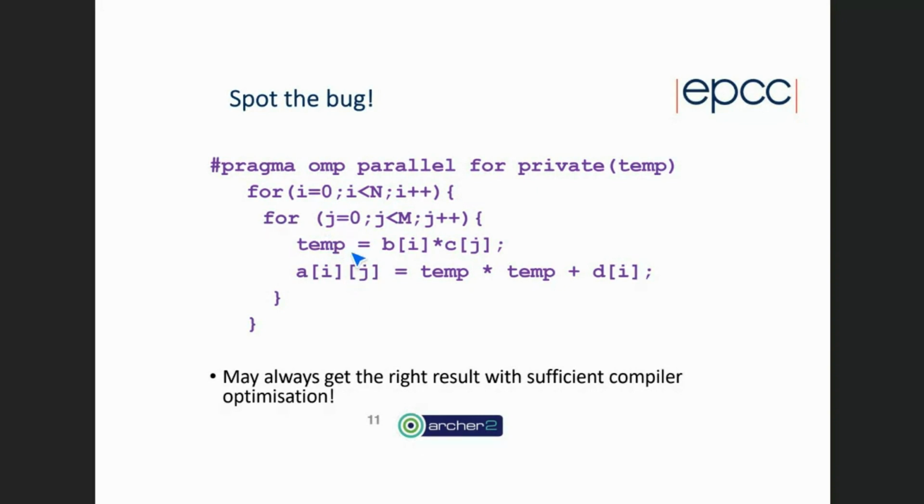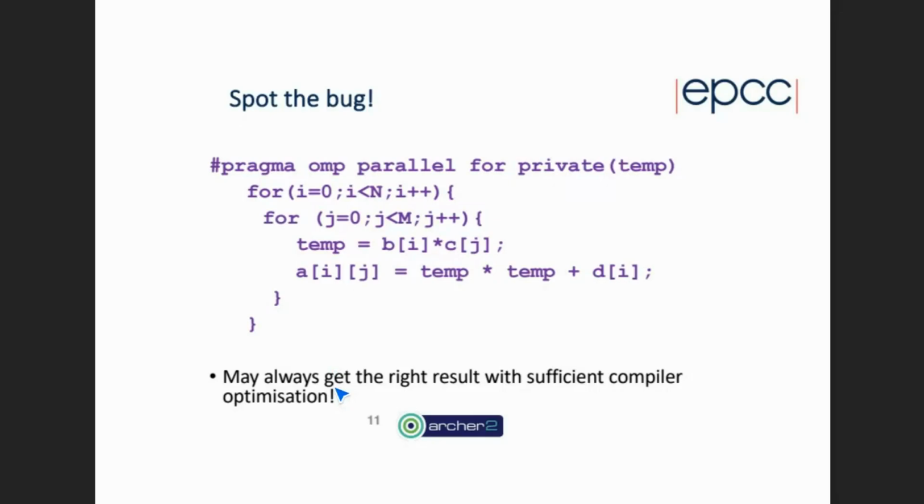And there's an extra nastiness here with things like loop iterators or loop temporary variables, in that if you're lucky, you may always get the right result with sufficient compiler optimization because of the way the compiler handles these things. Typically, if you have enough optimization on, then the value of the loop iterator, or indeed the value of loop temporary variables like temp here, is never actually stored in memory.